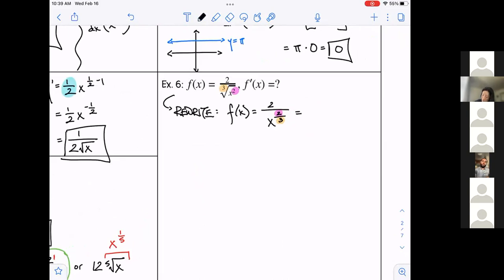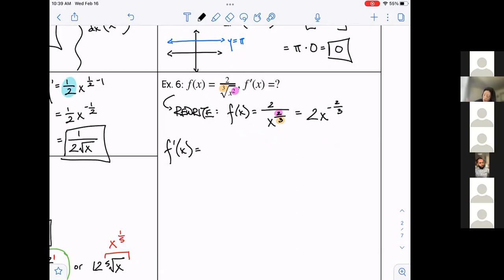Just put a negative sign in front of it. Yeah, so 2x to the negative 2/3. Okay. If you struggle with rewriting things like this, I would encourage you to break it up into 2 steps, sort of, take care of the radical first and then take care of the negative sign. But once you have it like that, now we can use our power rule.